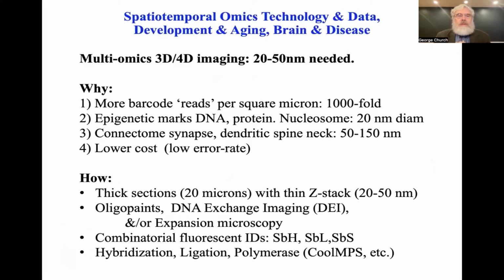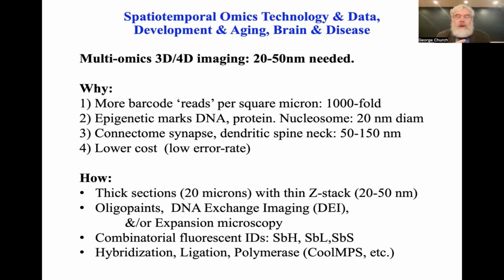What are those reasons? We need more barcode reads per square micron. This will be roughly 1,000 times more in 3 dimensions. We need to be able to study epigenetic marks at the DNA and protein level, keeping in mind that the nucleosome itself is 20 nanometers in diameter.